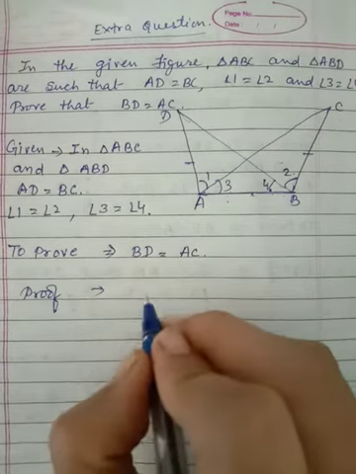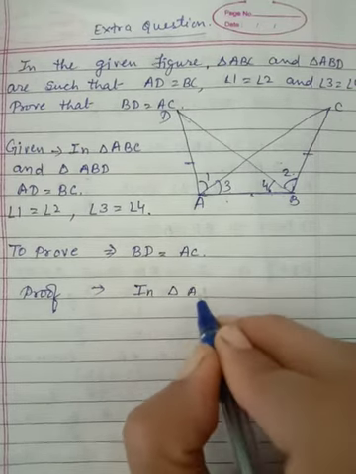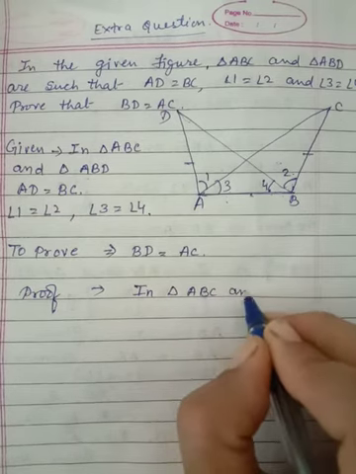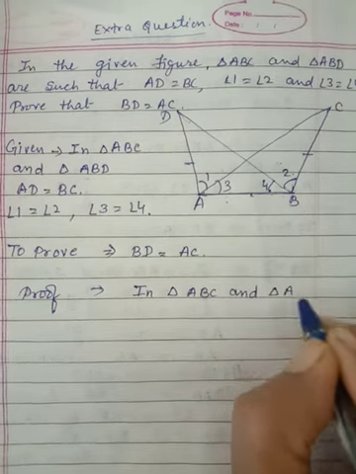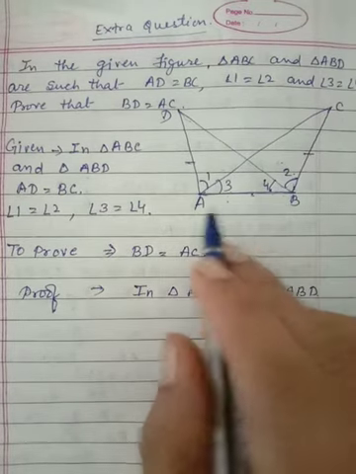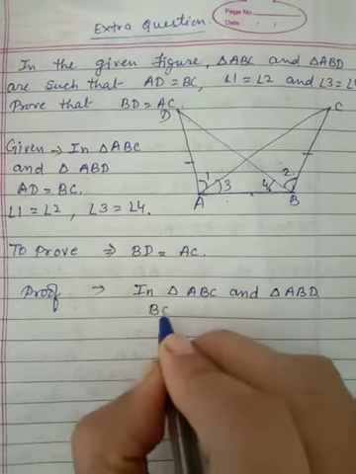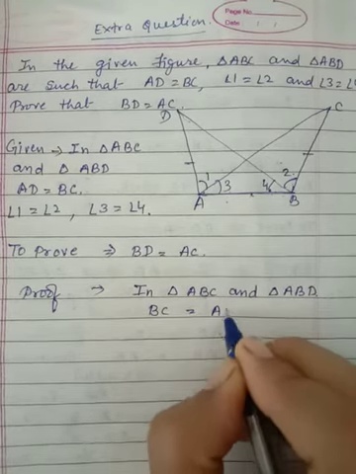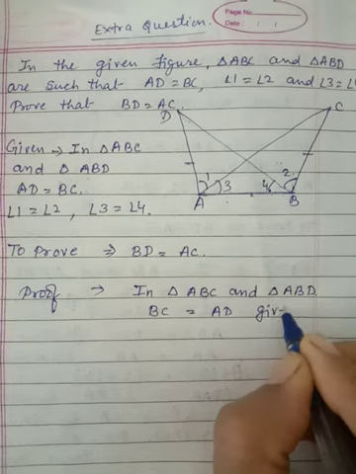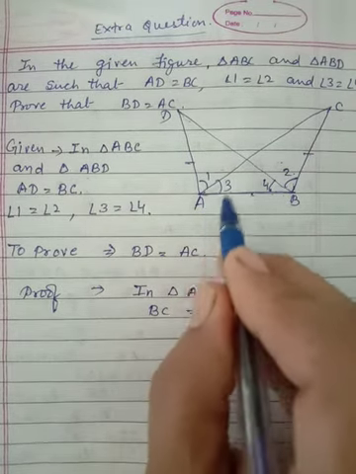see how can we prove this? In triangle ABC and triangle ABD, now see, BC is equal to AD. This is given to us. Now we need one angle.